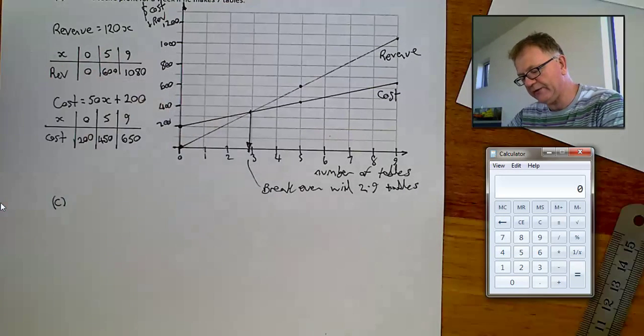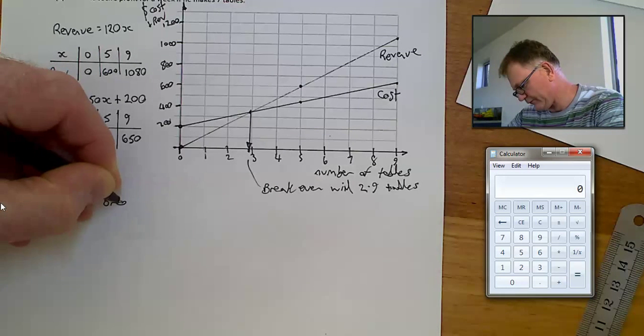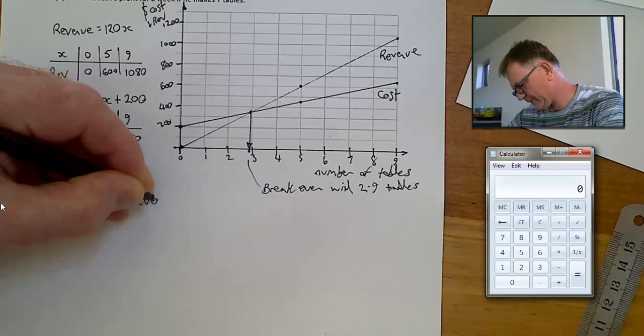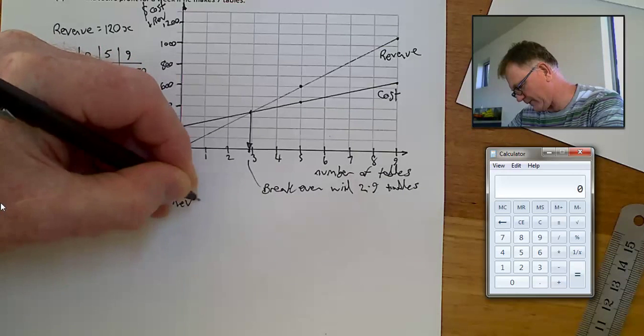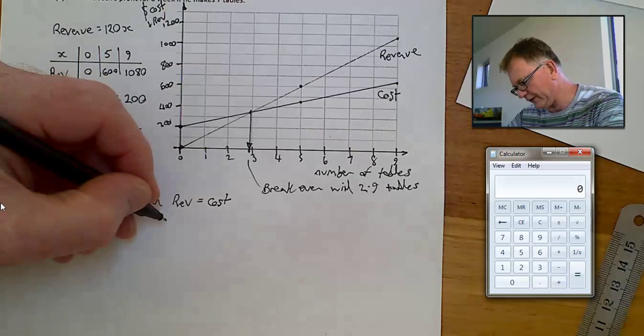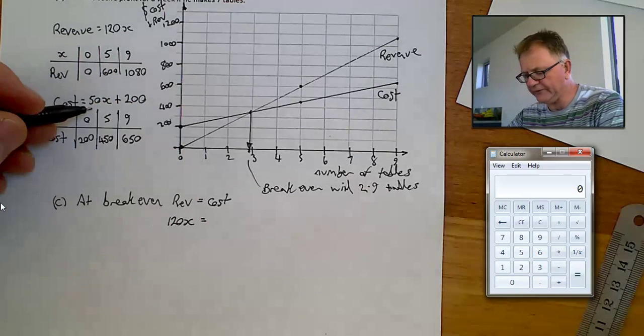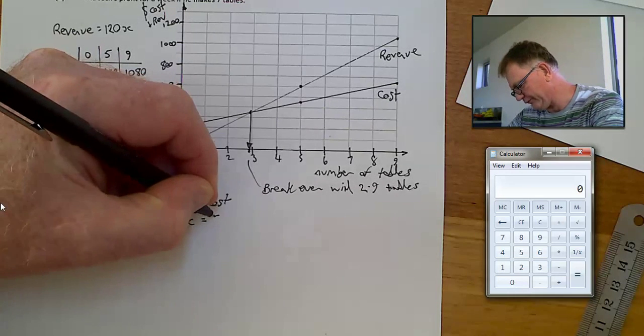At the break-even point, the revenue is equal to the cost. But that revenue equation was 120x. The cost equation is 50x plus 200.